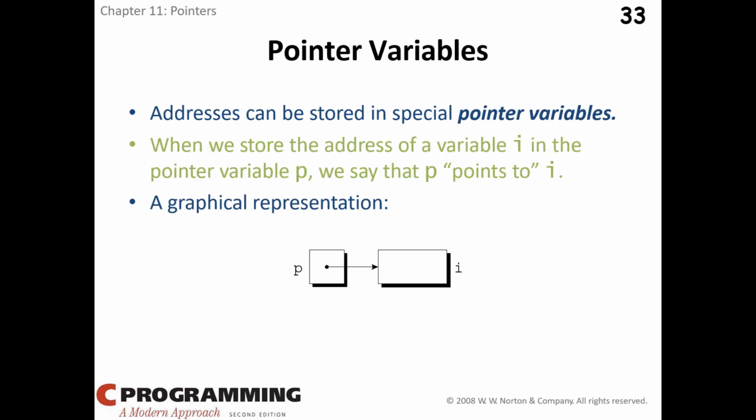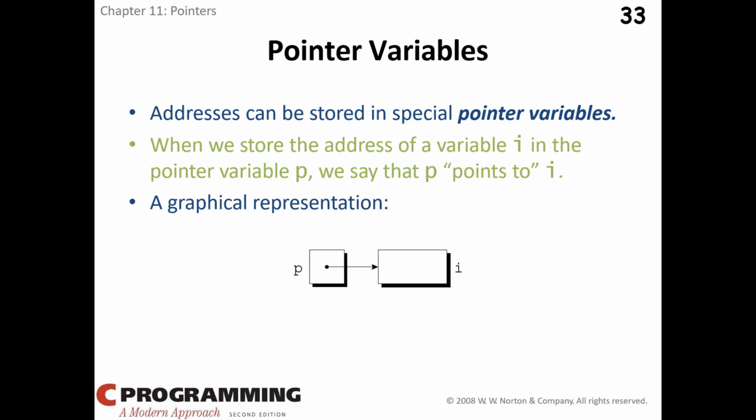In C programming, we have the concept of pointer variables, which are special variables used to store memory addresses. When we store the address of a variable, let's say I, in a pointer variable, for instance P, we say that P points to I. Essentially, P contains the memory address where the variable I is located in memory.